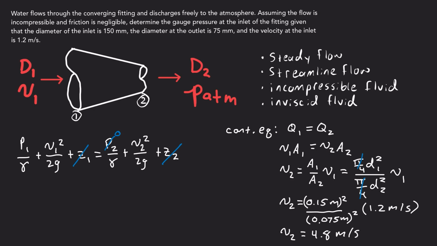Now back to our pressure equation. If we solve for P1, I'll write it like this first. So I just subtracted V1 squared over 2g from both sides.